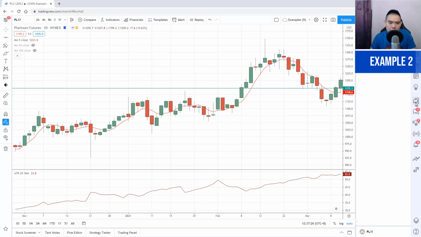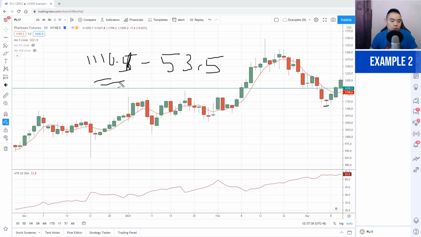At this point, it's about 53. Let's say on this candle here, the ATR value is about 53.5. Find out what this low is. The low price over here is 1110. So it's quite simple. You just take this extreme low, 1110, minus 53.5, and that will give you 1056.5.